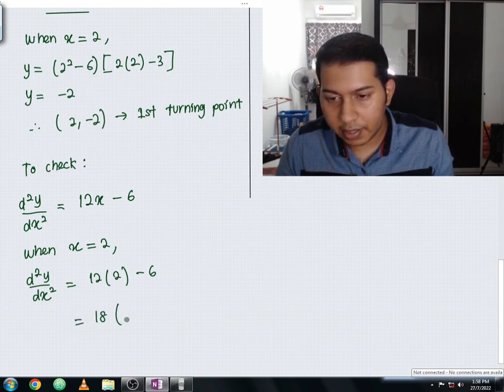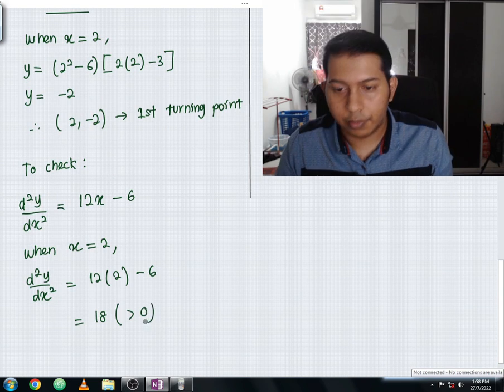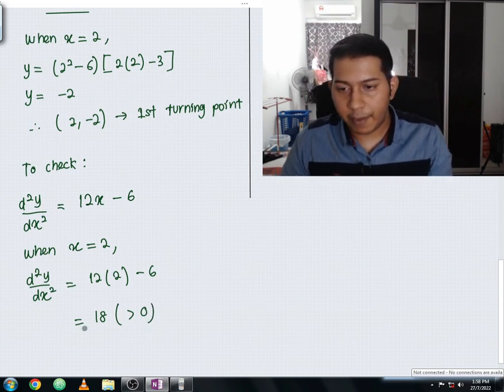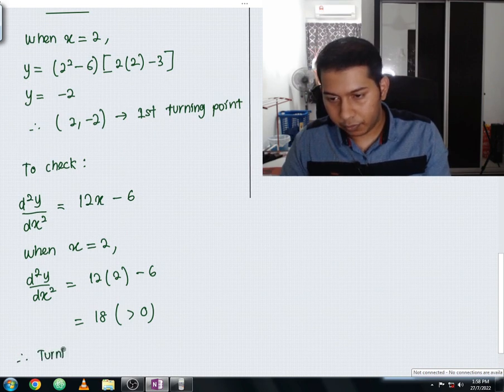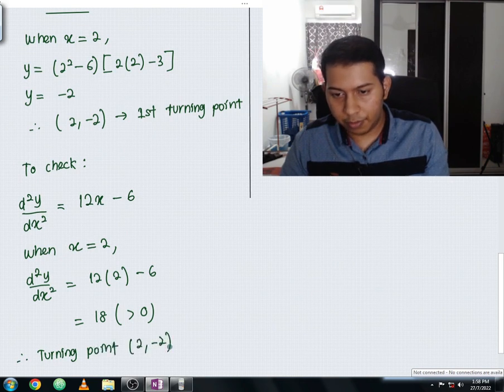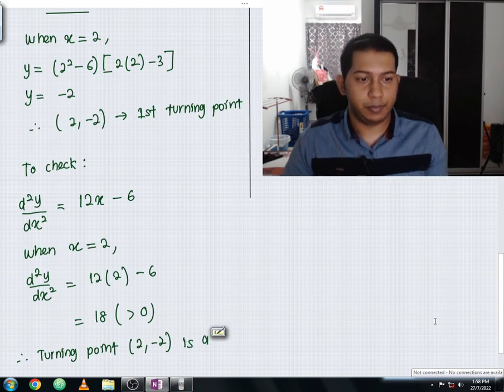So 18 is more than 0. Okay, since the value is more than 0, therefore we can conclude that turning point (2, negative 2) is a minimum point.